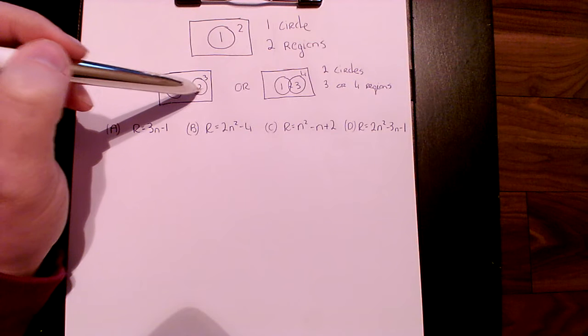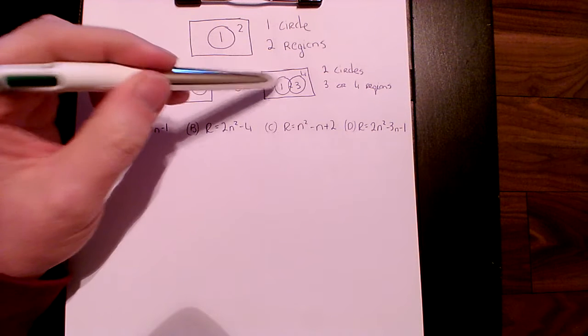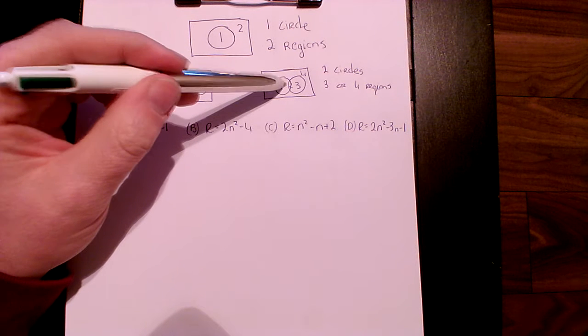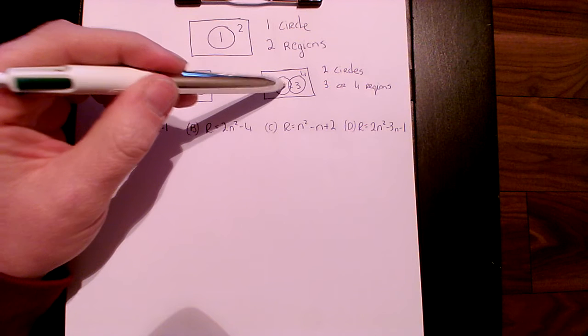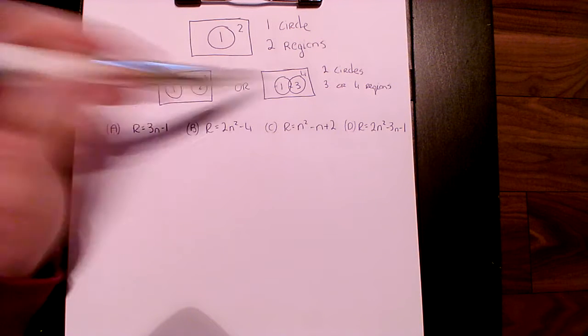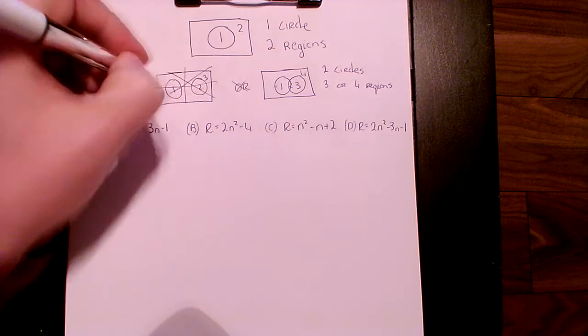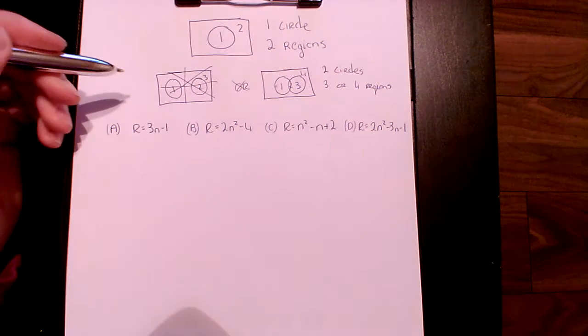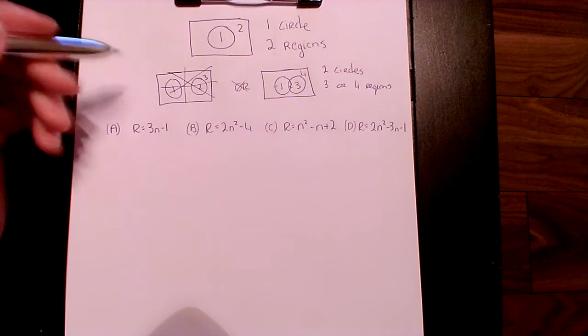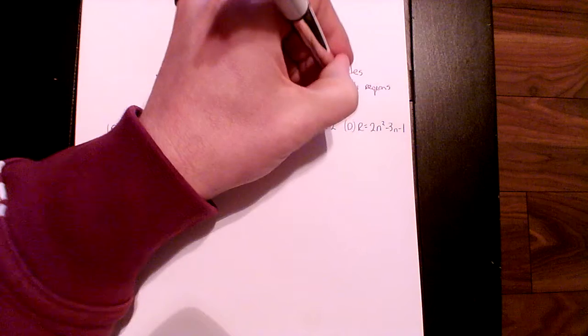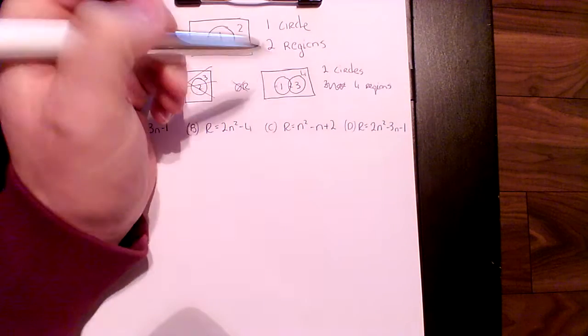But for two circles, the maximum number of regions we can get is four. So two circles should give me four regions.